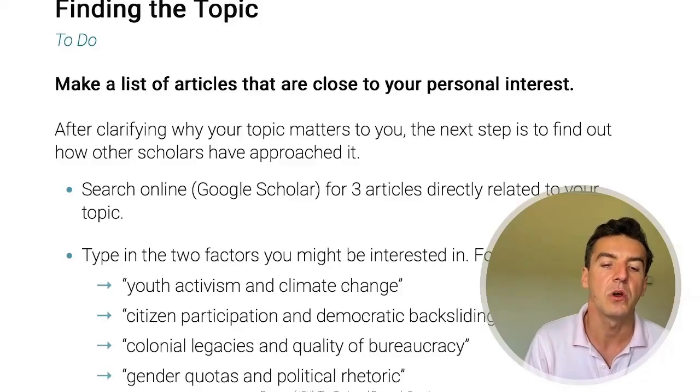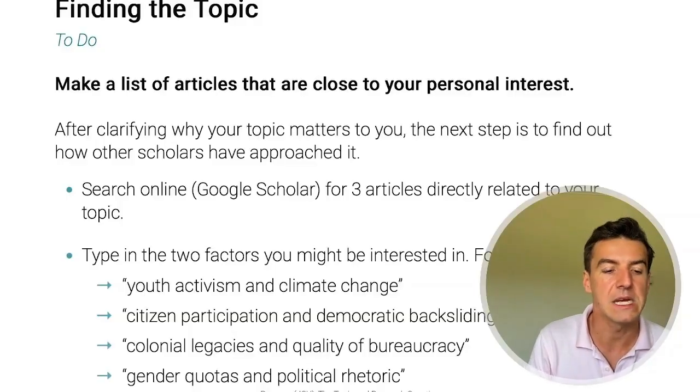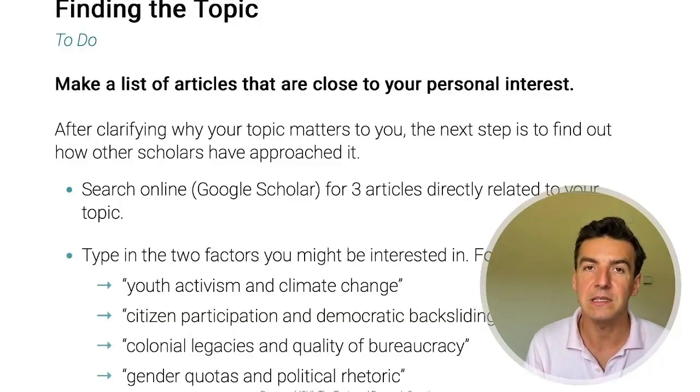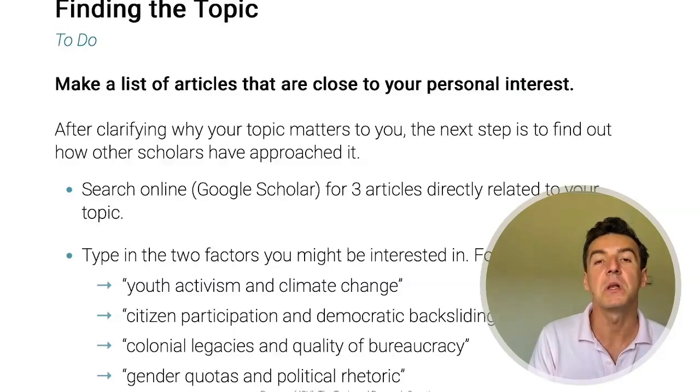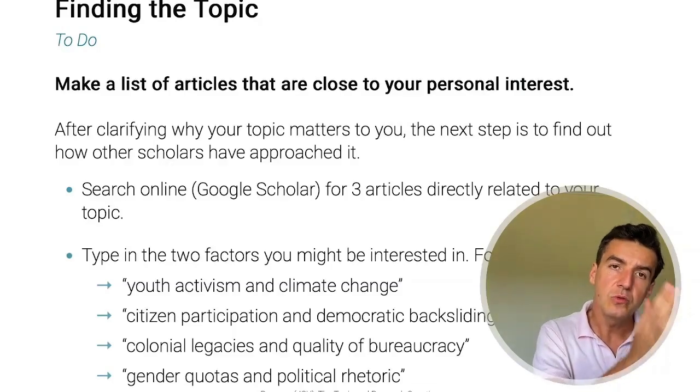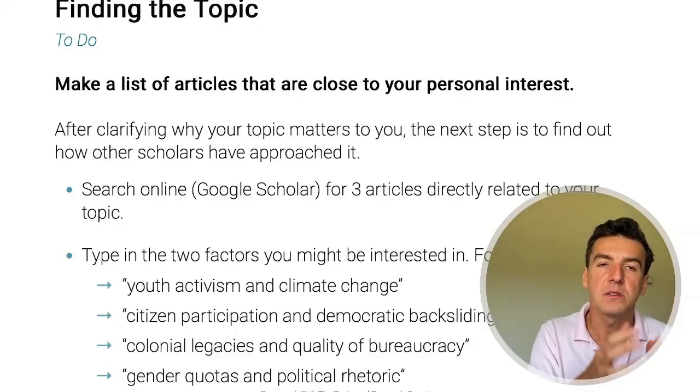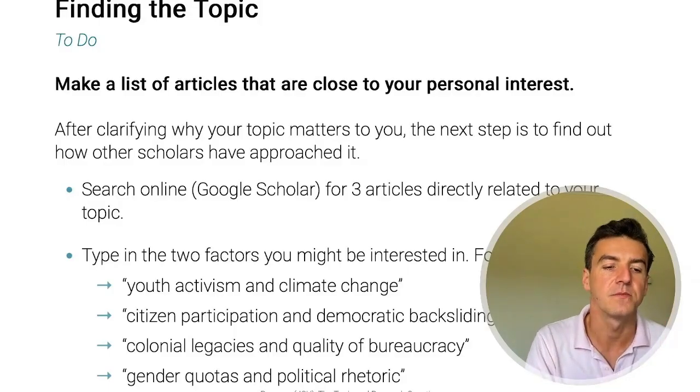So for example, you might search for youth activism and climate change, citizen participation and democratic backsliding, colonial legacies and quality of bureaucracy, gender quotas and political rhetoric. Notice that these are 2 concepts linked by one conjunction, the "and".